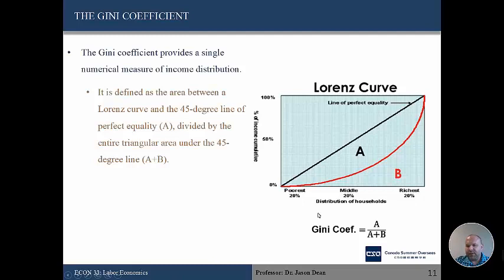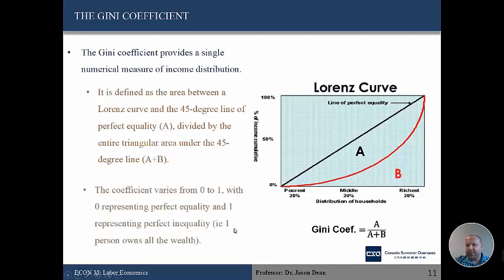And again, the Gini coefficient is this region as a proportion of this whole right-angled triangle. Okay, so it's equal to A over A plus B. And so that means it's going to range from 0 to 1. 0 means perfect equality, and 1 would mean perfect inequality.